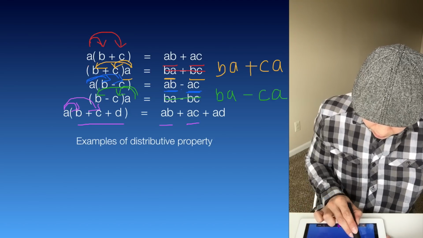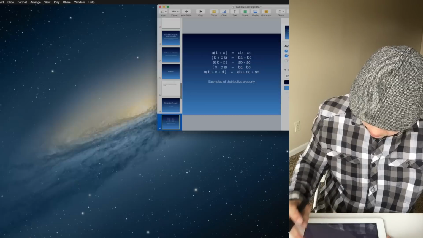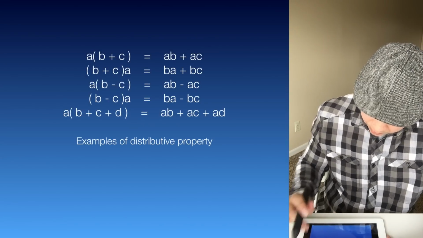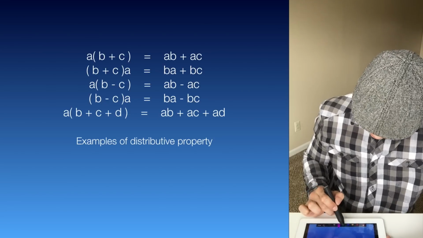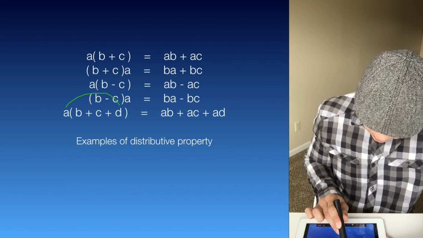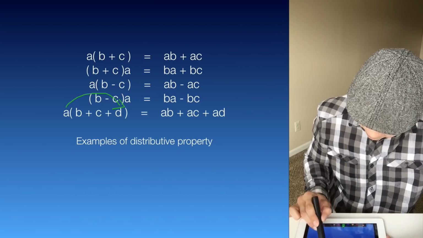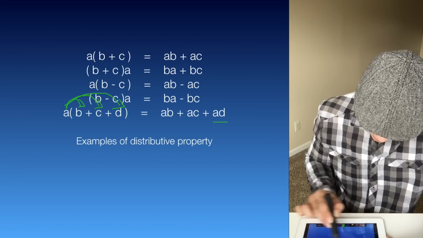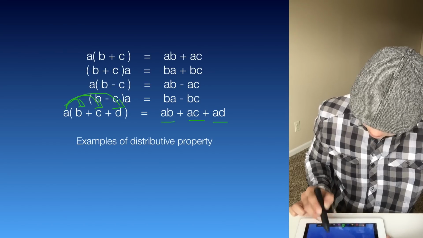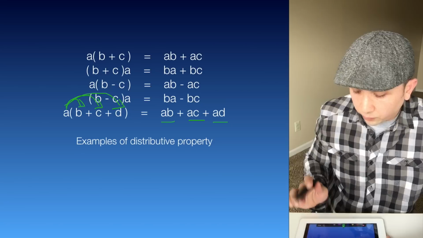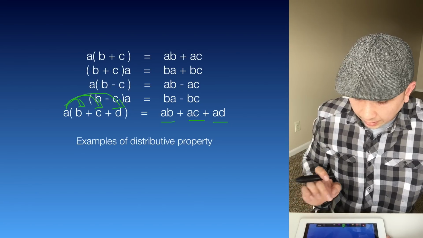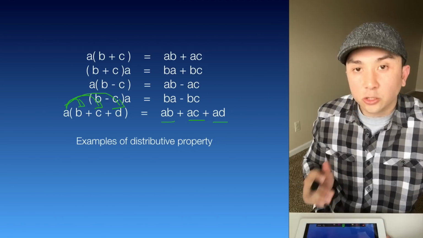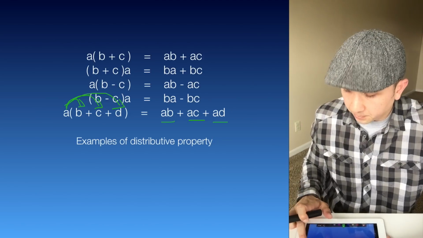And when we distribute a to d, we have ad. So that's how we distribute a to b plus c plus d using the distributive property.